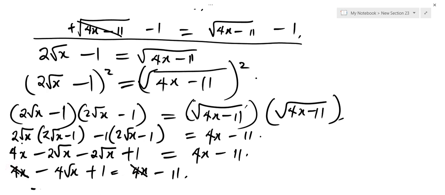Now we are left with minus 4 square root of x plus 1 equal to minus 1.